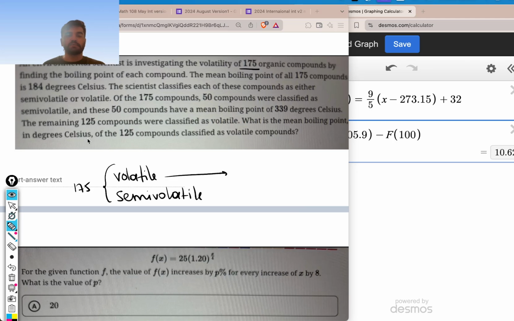Then it says that this 175 has a boiling temperature of 184 Celsius degree. The scientist classified 50 of the 175 compounds as semi-volatile, and the remaining will automatically be volatile. Then it says that these 50 compounds have a mean boiling of 339.